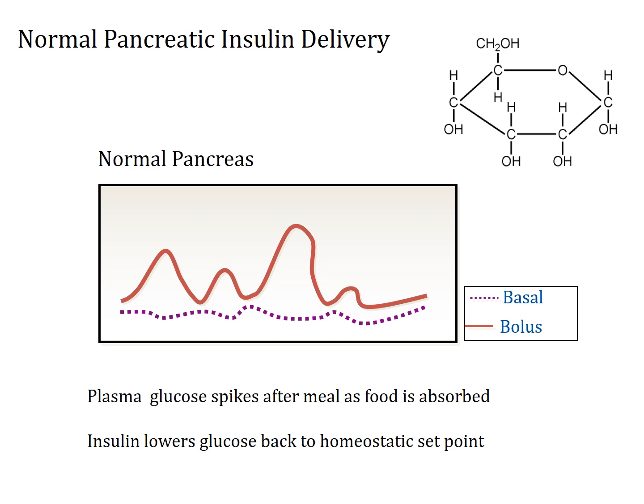And it is this interaction between basal and bolus release of insulin from the pancreas which maintains blood glucose levels in a normal range or at set homeostatic points.